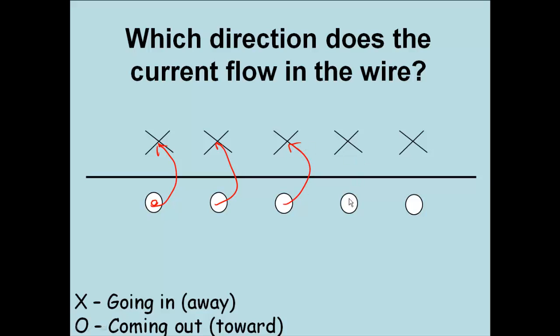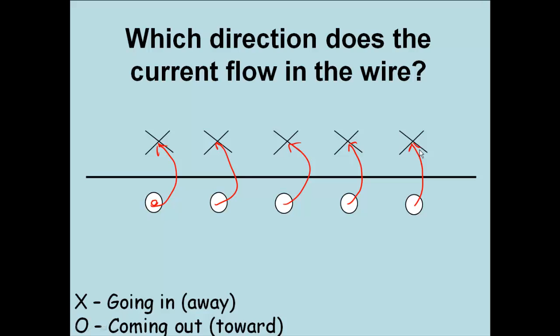And so we can use the right-hand rule and figure out which way the current is flowing using this notation. So take your right hand and make it so that your fingers are going into the screen on the top, or coming out of the screen when they're at the bottom, or below the line, the wire.